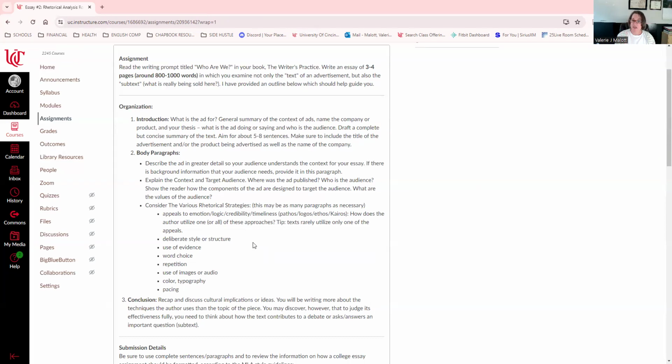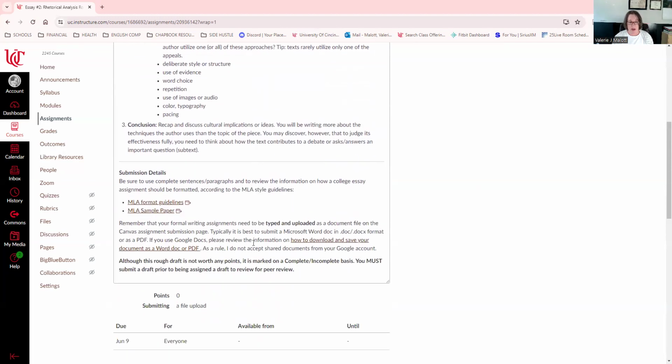Anything dealing with deliberate style or structure, the use of evidence, word choice, the use of repetition. I spoke about this in my introduction to the rhetorical analysis unit. Use of images or audio, color, typography, pacing, and so on and so forth. You get the idea. And then in your conclusion, you have a recap and discuss the cultural implications or ideas.